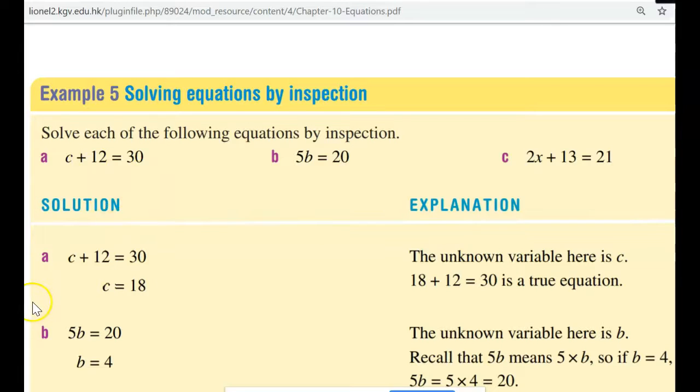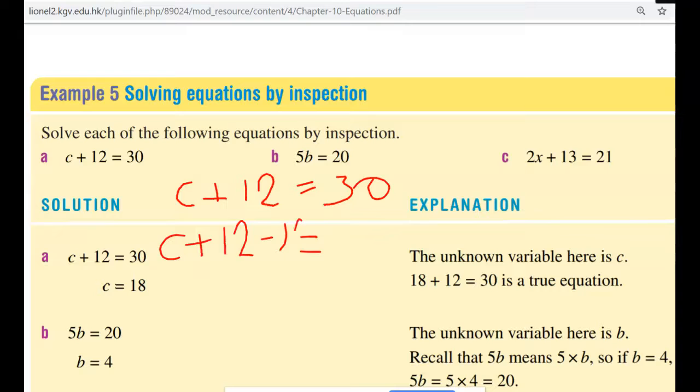The other way of thinking about this is a method called inverse operations, which if you do the extension today, you might do, or some of you might have seen before if you've done algebra outside school. So what we think of here is, all right, C plus 12 equals 30. So we take away 12 from both sides of our equation. If I take 12 off of this side, it gets me C on its own.